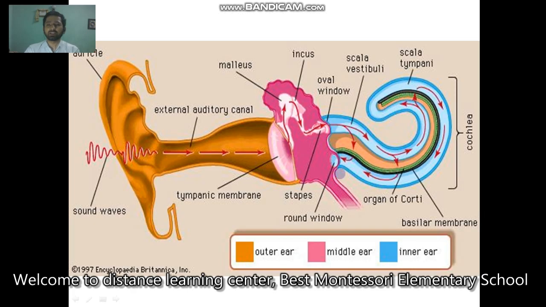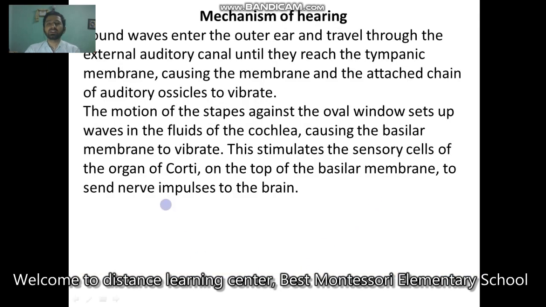Actually, the organ of Corti has the sensory cells, which means it receives the sensation. It passes its sensation to the nerve cell, and finally the nerve cell sends the nerve impulses to the brain, and then we hear the sensation of hearing.